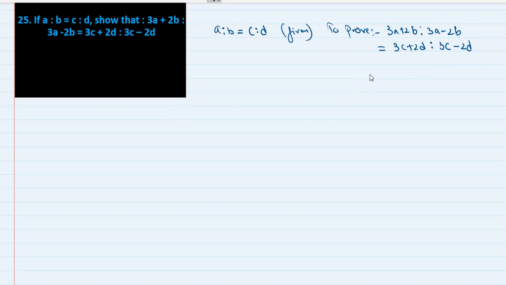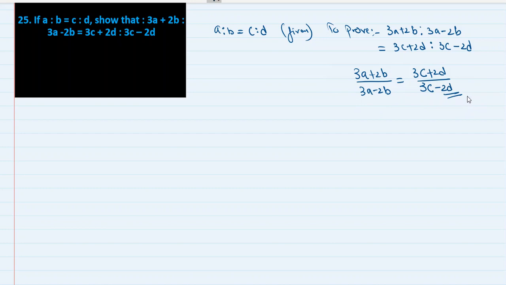So I'm just going to write it in the fractional form and try to see what this looks like. (3A plus 2B) upon (3A minus 2B) is equal to (3C plus 2D) upon (3C minus 2D). This is what you need to prove. This is not given to you. So you cannot apply any componendo dividendo on this whatsoever.